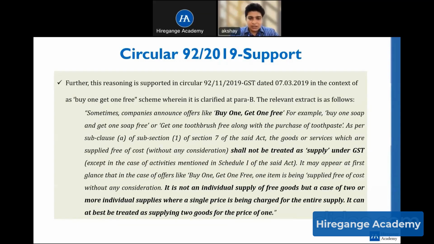They are assuming that the cost of the goods would be included in the single price that is charged from the customer. Please note, in Schedule 1, Clause 1, there is a requirement that the IGST or the CGST, SGST, which is claimed against the goods which are purchased, have to be reversed even if there is no consideration. But they use a term, business assets, which is not defined in the GST law.